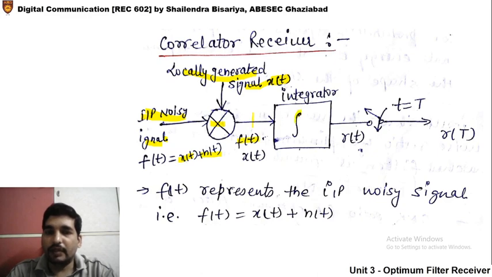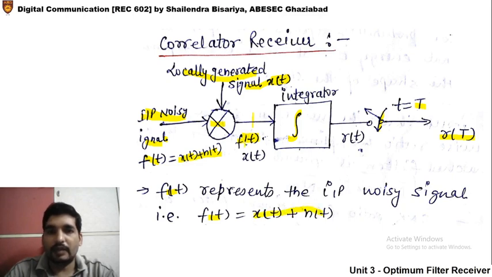Now we integrate this and sample it at time capital T, the pulse period, and we get the received signal through the correlator receiver. Mathematically, f(t) is x(t) plus n(t).